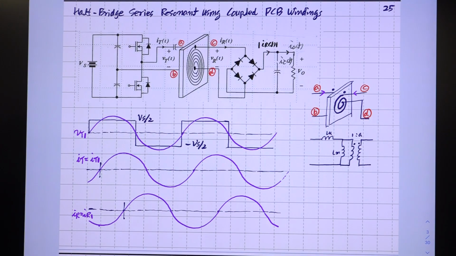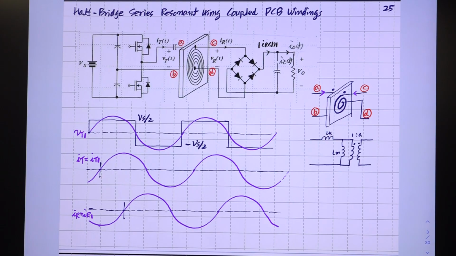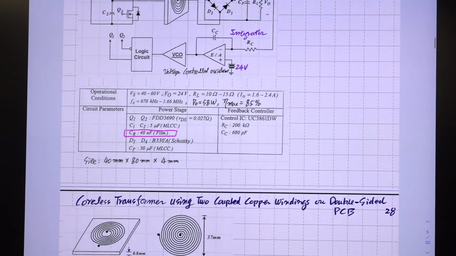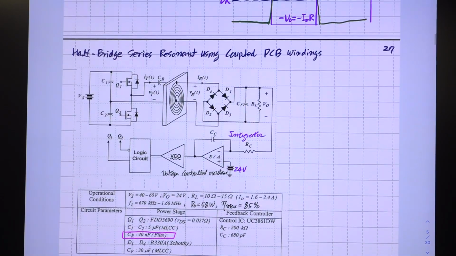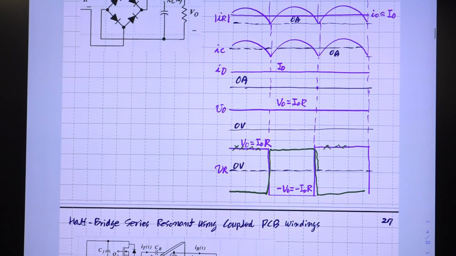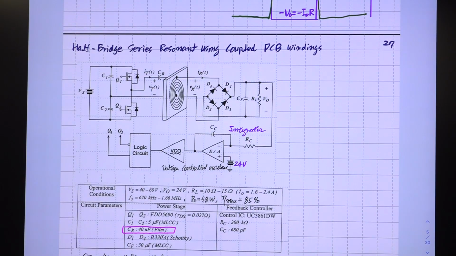Right, just select this resonant capacitor and select the switching frequency and the operating region. Okay, so this is different from the design, but everything is given by some physical dimensions of this PCB winding structure, right? Okay, so this is the operational condition.